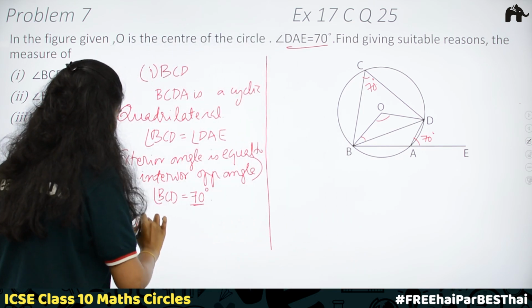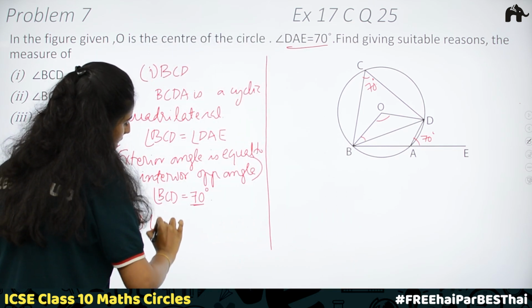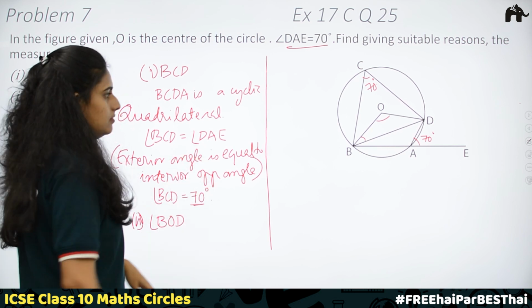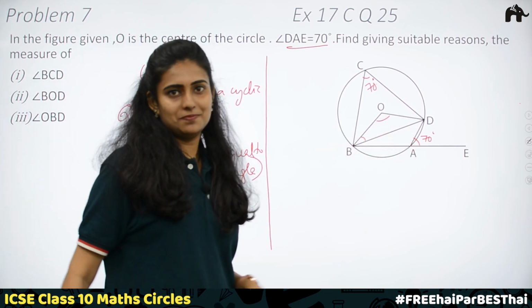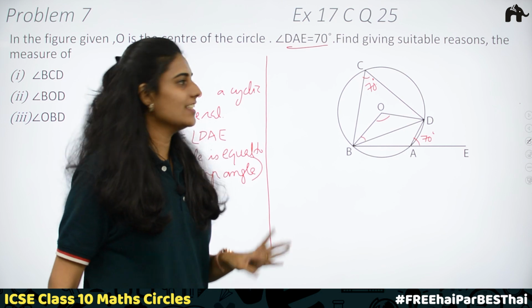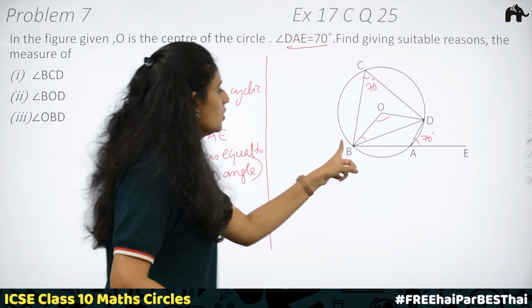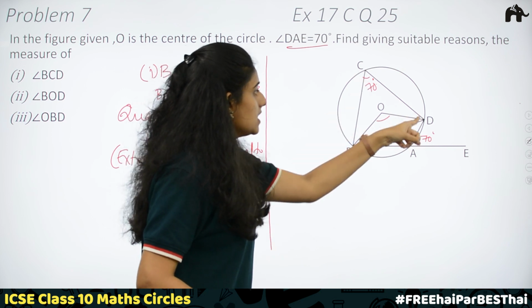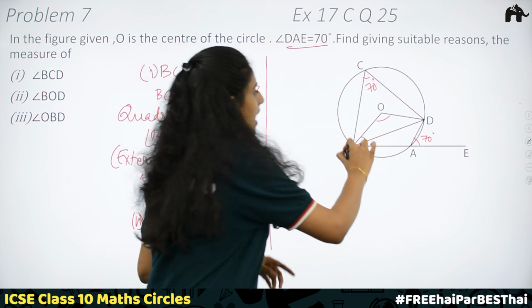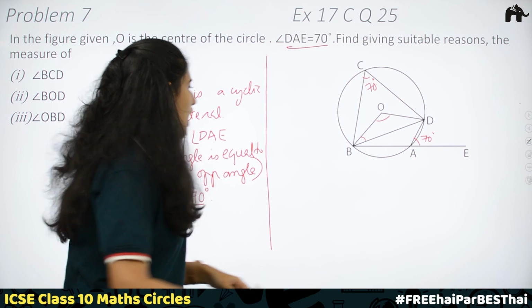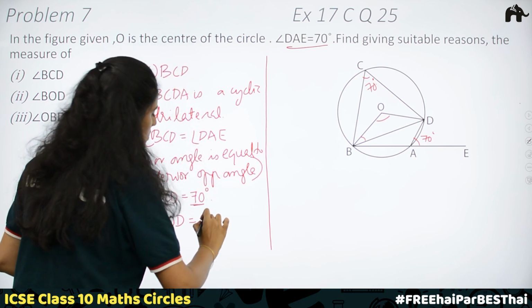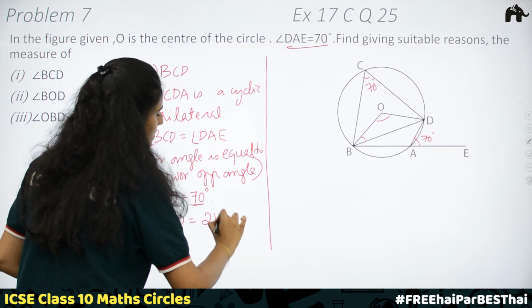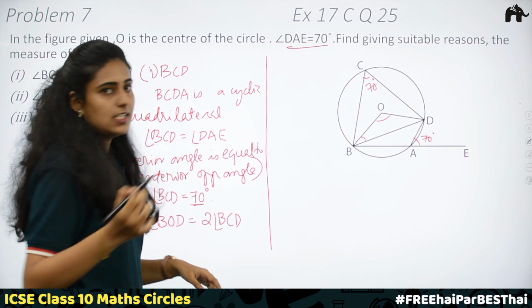To find angle BOD. How to find BOD? You got the answer? Yes. It is very simple, right? When you consider this chord BD, BD subtends angle BCD on the circumference of the circle and BOD at the center. Therefore, angle BOD will be equal to 2 times angle BCD. What is the reason?